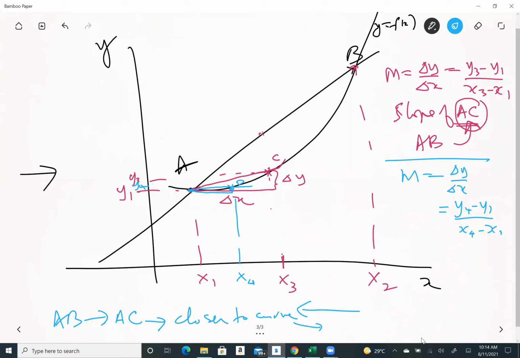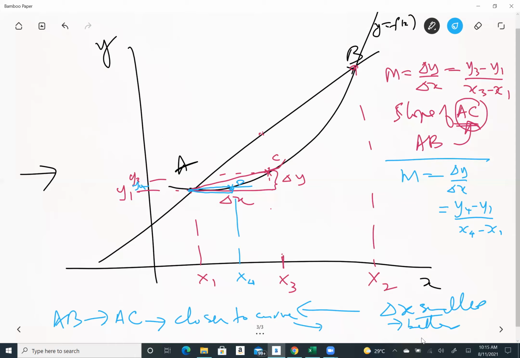So by making the delta x smaller, what happens? I can get a better estimate of the curve between the 2 points.